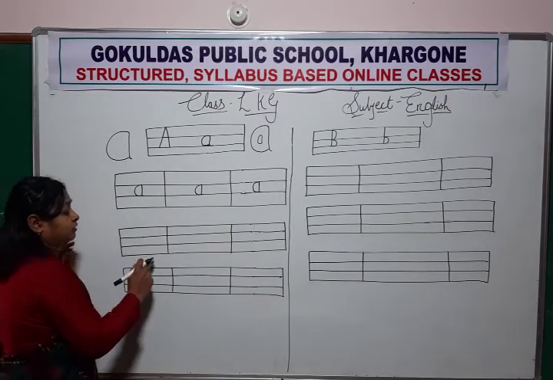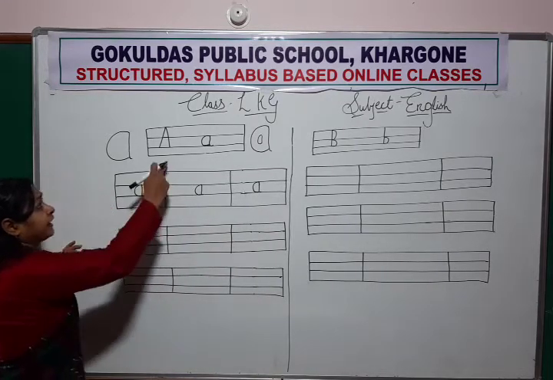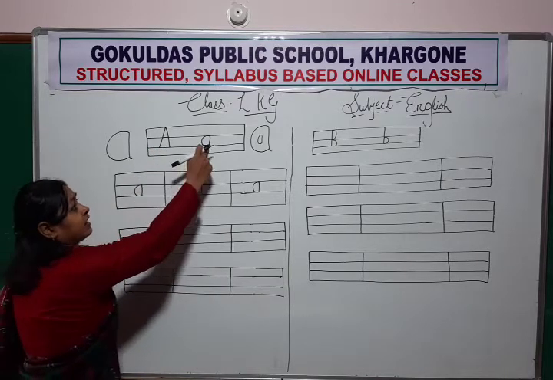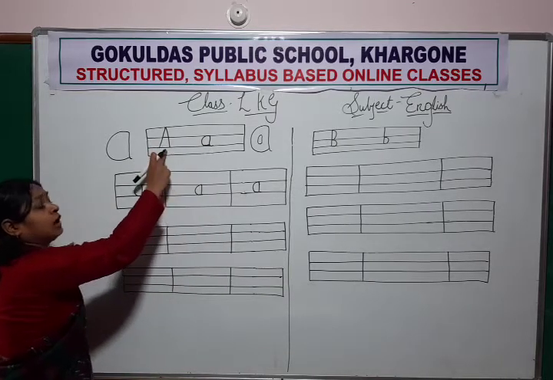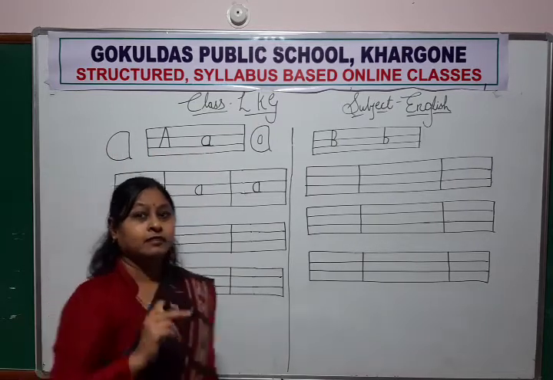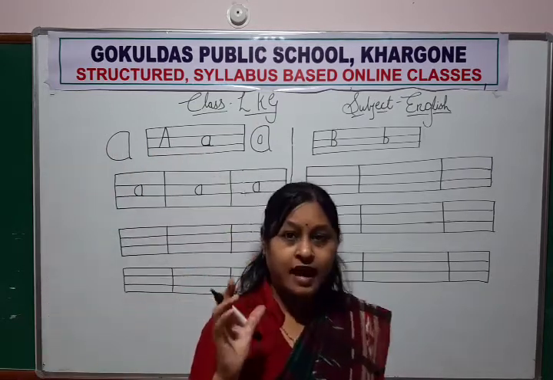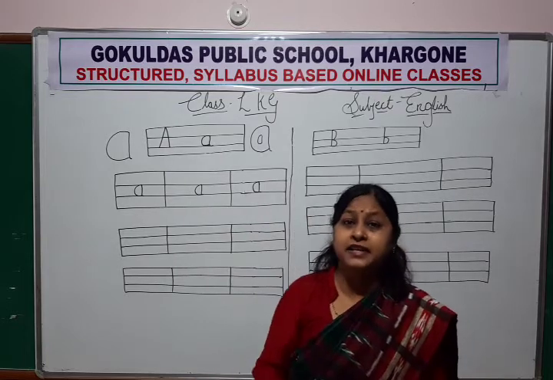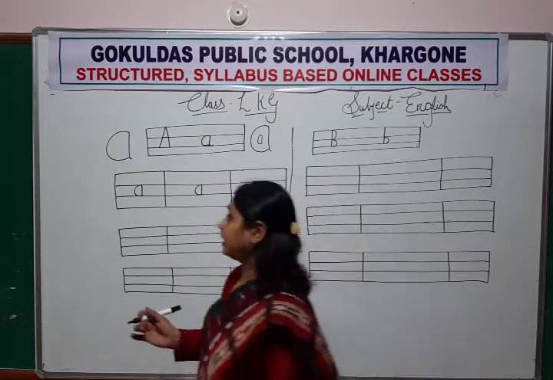Again. Down we will write A. Sound of letter A is A. Aeroplane. Arrow. Ant. Okay.